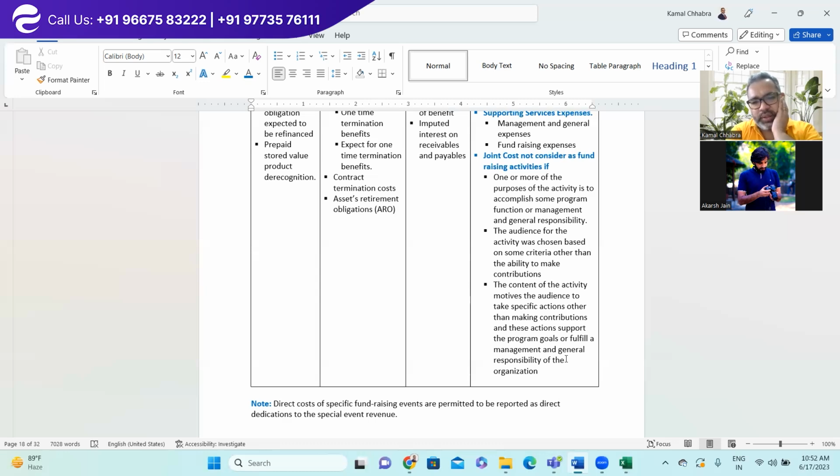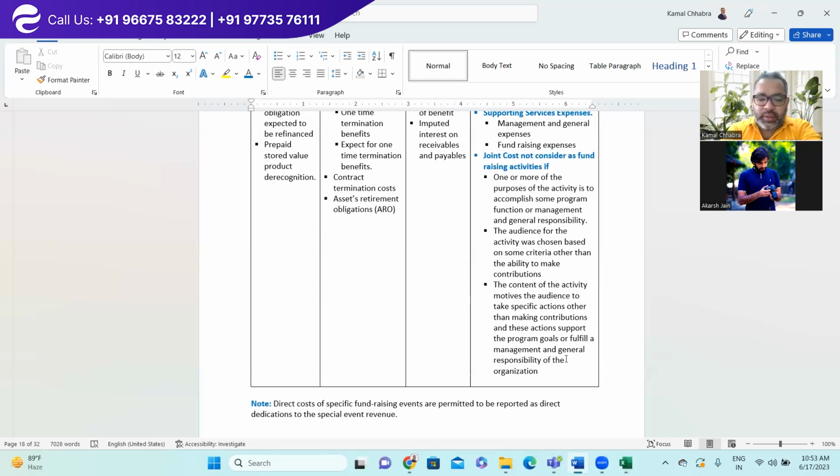Second is the audience for the activity was chosen based on some criteria other than the ability to make a contribution, right? For example, let's assume you have a church, right? And in the church they are doing a fundraising activity. In the fundraising activity, they have invited all of you, for example, for a donation drive.